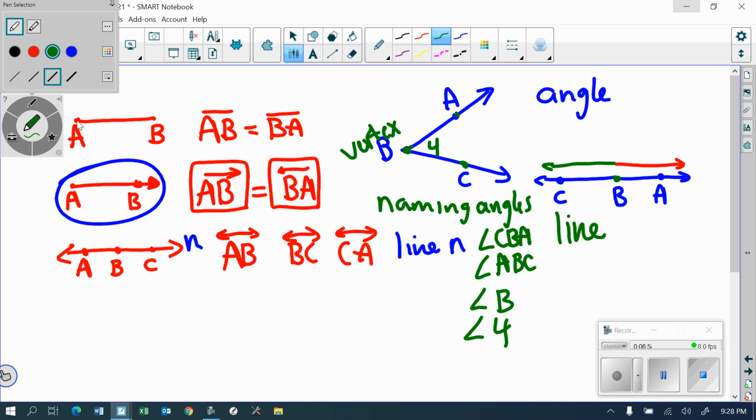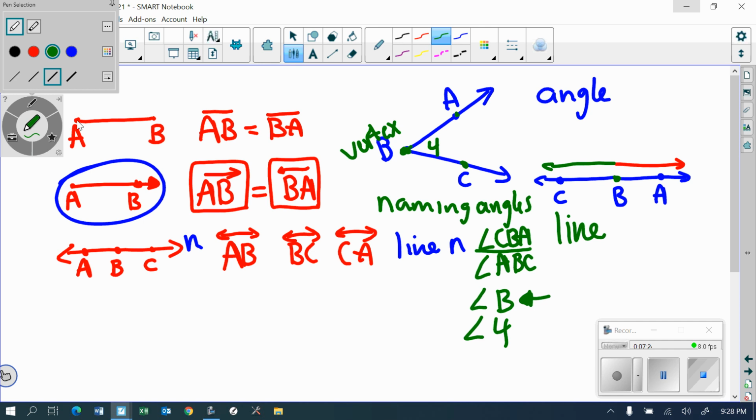Now, this is the one that is least used and the one you don't want to use hardly ever, angle B, because rarely after this very beginning will we ever have a single angle by itself, unless we're talking about polygons, like triangles. Each of these is an individual angle. But many of the times in geometry, we're going to have multiple angles around that vertex. So I cannot call it by a single letter.